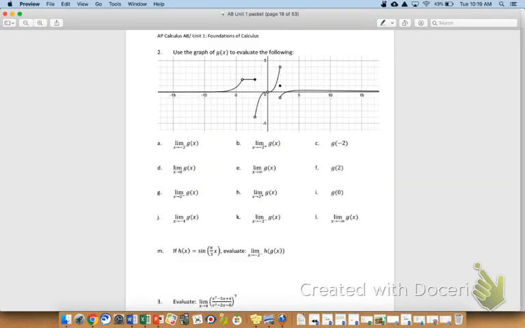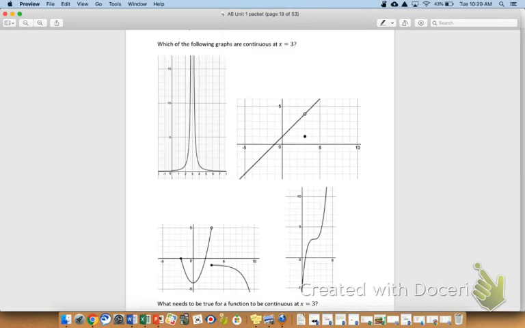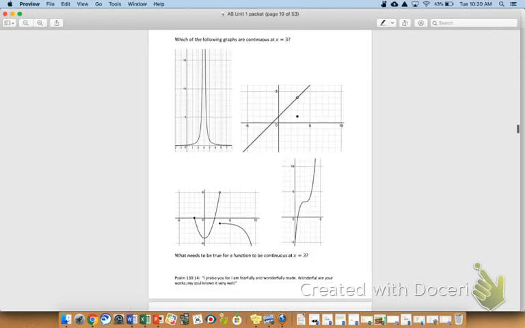So please look those over, and it says, which of the following graphs is or are continuous at x equals 3? I just want you to indicate what you're thinking there as far as which one or which ones are continuous at x equals 3.